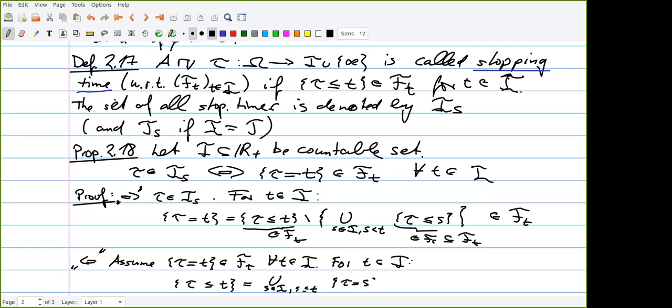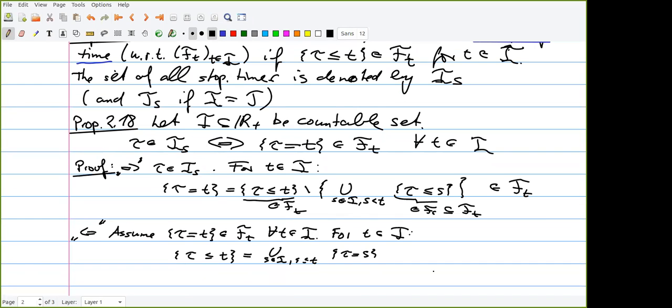And again, here you see where you need a countable index set, so that this union works. By assumption each event is in Fs, and we have an increasing sequence of filtration, so that's in Ft, which means this is in Ft.